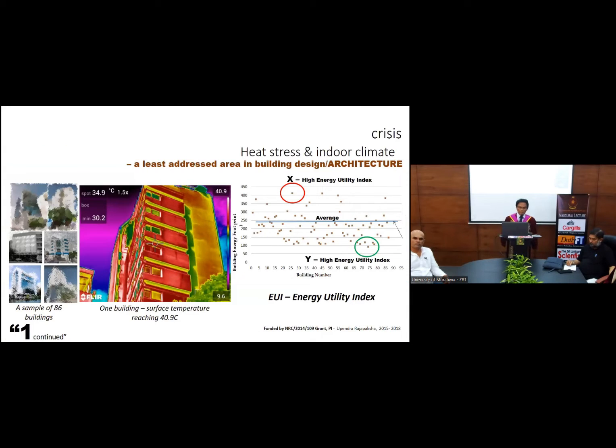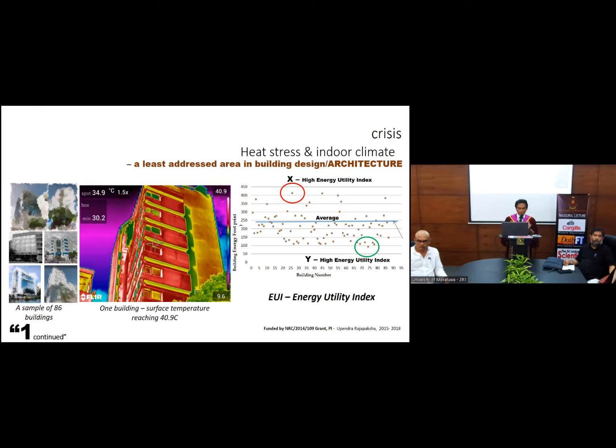So one of the NRC research grants that we handled for three years involved 86 buildings in Colombo city. And this is a thermal image of one office building in Borella. The red surfaces show that its surface temperature is around 40.9 degrees centigrade.